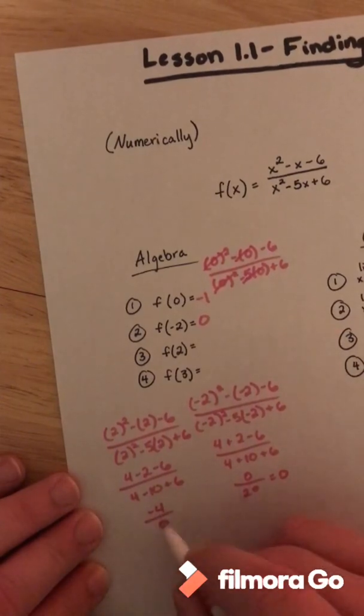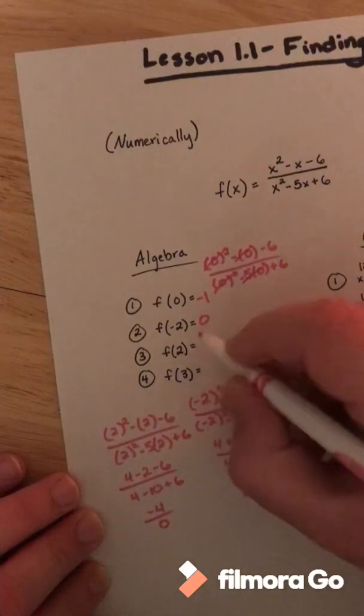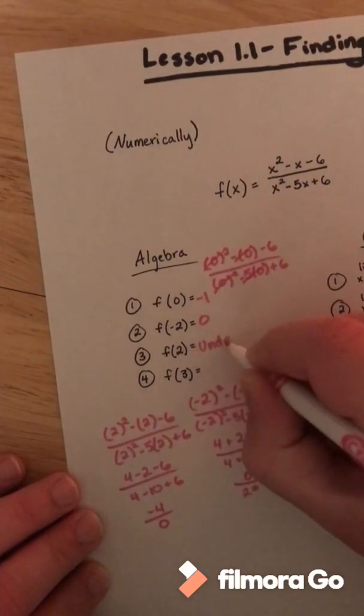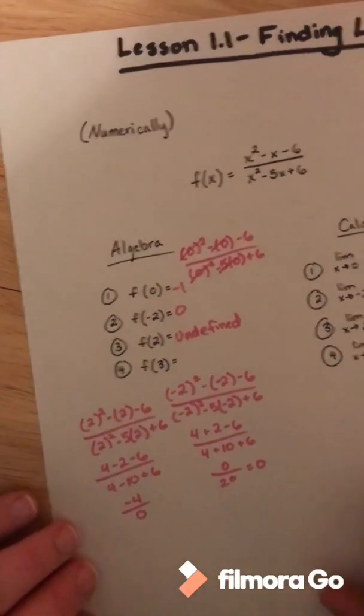Now, hopefully you guys remember you cannot divide by 0, so negative 4 over 0 is undefined. There is no y value there. F of 2 is undefined.